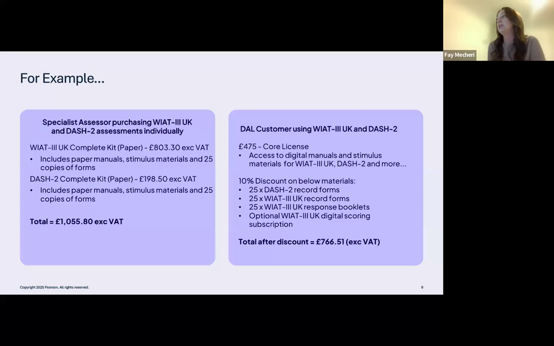So for these two assessments, you would need your record forms and your response booklets, and there's also an optional Wyatt 3 digital scoring subscription as well, which would give you unlimited report generation for 1 year for all of your paper assessments. Well, you type in from your paper record form and it would generate the report for you. In total, once that 10% discount has been applied to those materials, you'd be looking at spending £766.51 excluding VAT. So you can see quite a significant saving there, but the main benefit of doing it this way would be that you would have access to all of these other things as well.